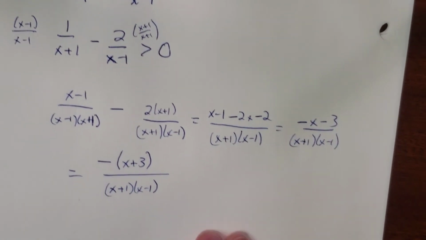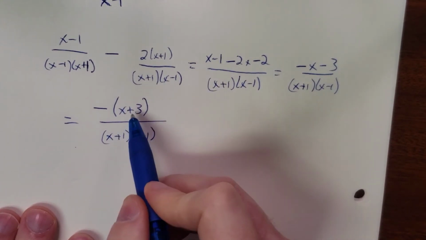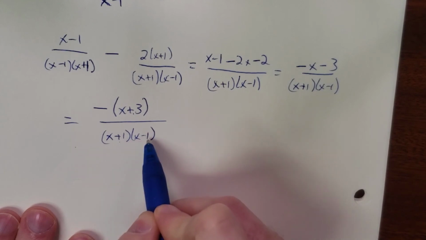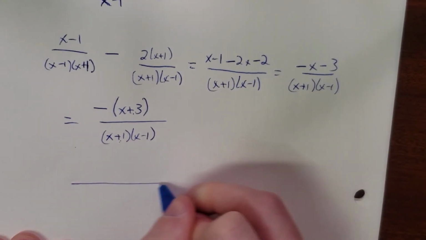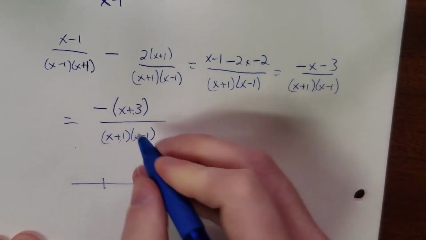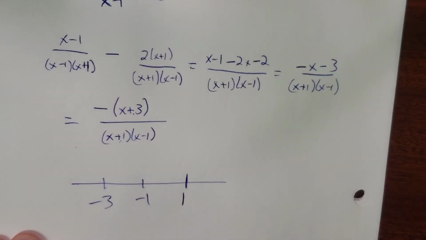Now take a moment to think about what are the possible zeros here. Well, negative 3 is a 0 in the numerator, and then negative 1 and positive 1 are zeros in the denominator. So those are the values we want to work with here. So we have negative 3, negative 1, and positive 1.